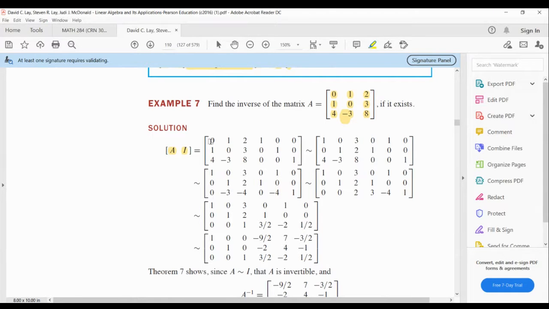Well, let me ask you this. What are the dimensions of the matrix A? Okay, good, it's a 3 by 3 matrix. What would the corresponding identity matrix be? If the matrix A is a 3 by 3 matrix, then what size would the identity matrix have to be?